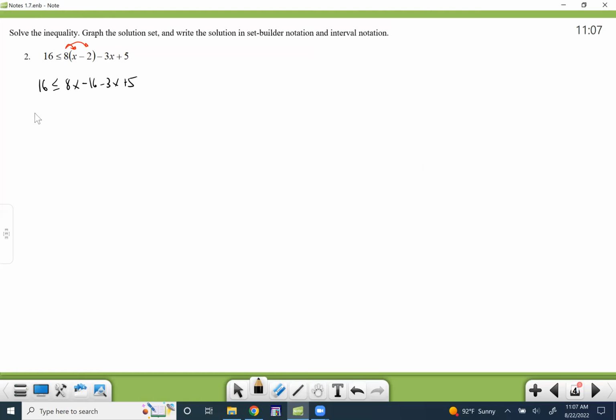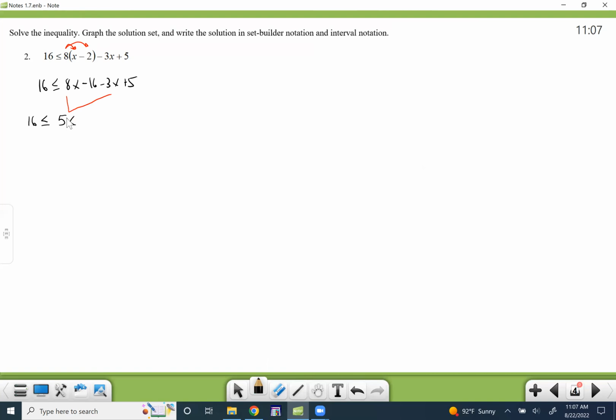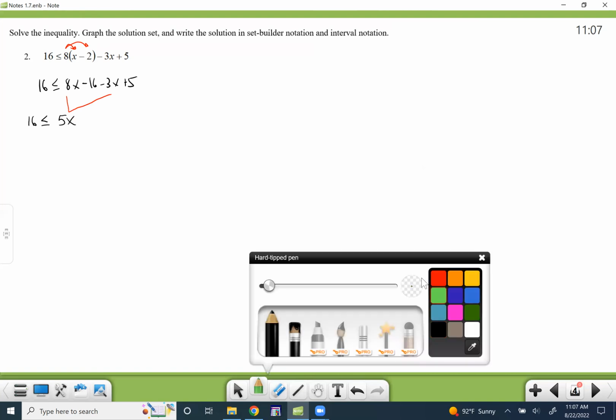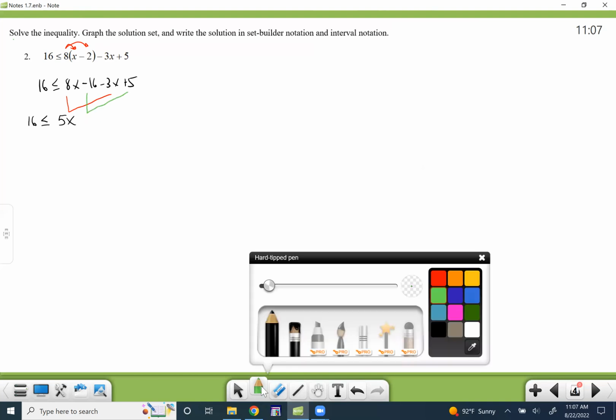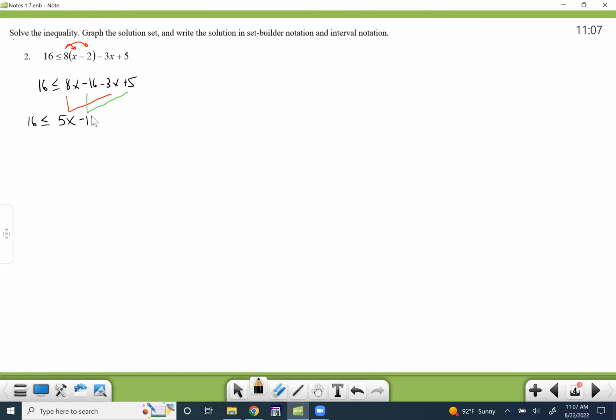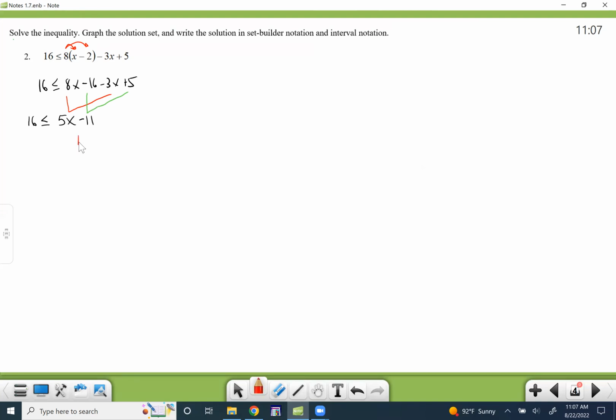All right, and we're just going to go ahead and combine like terms. So we're going to do the 8x minus 3x, which will get us 5x. And then we are going to do negative 16 plus 5. Okay. And I'm just going to go ahead and add the 11 over.